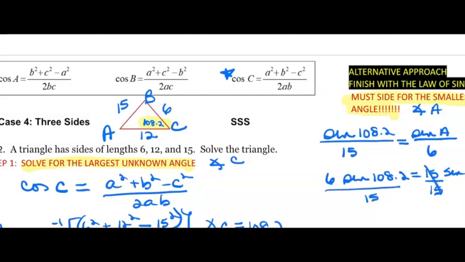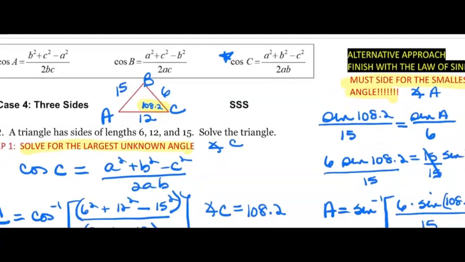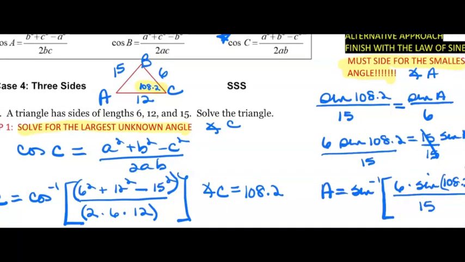That gives me sine A, but I just want A. So A equals sine to the -1 of 6 times the sine of 108.2, remember, open and close those parentheses, all over 15, and that gives me an angle value of 22.3 degrees.